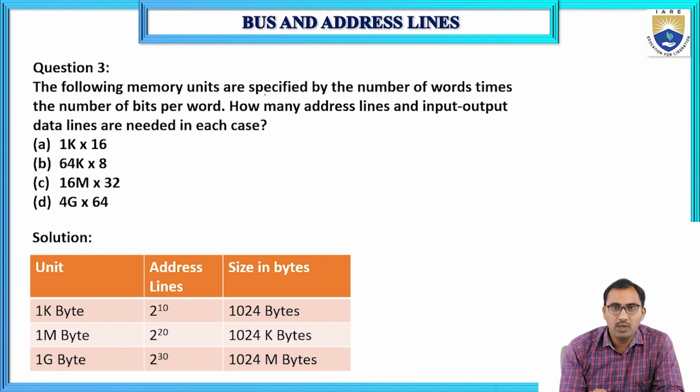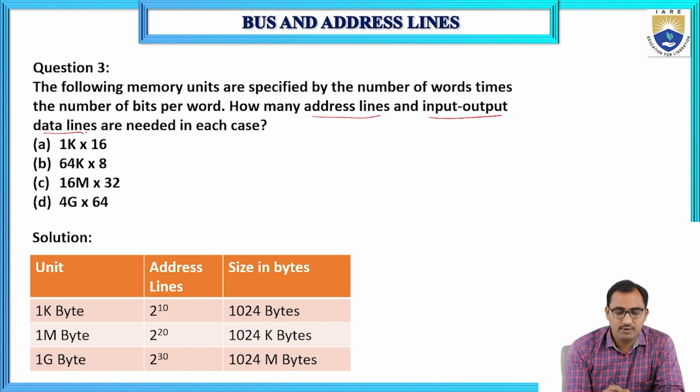The following memory units are specified by the number of words times the number of bits per word. How many address lines and input-output data lines are needed in each case? So we need to calculate the number of address lines and data lines for that particular memory.